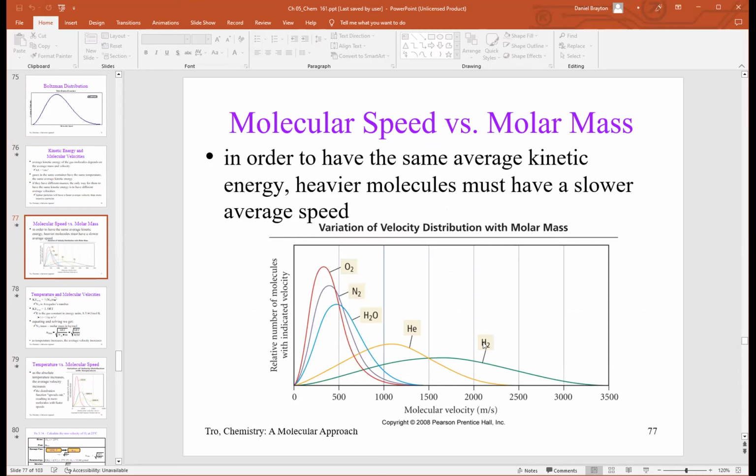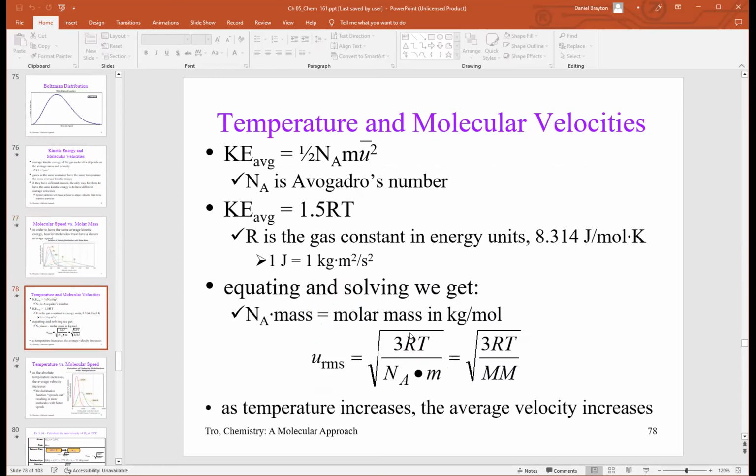Okay, so you said that kinetic energy is directly proportional to the Kelvin temperature. So you could find the actual temperature just by using the half mv squared, correct?